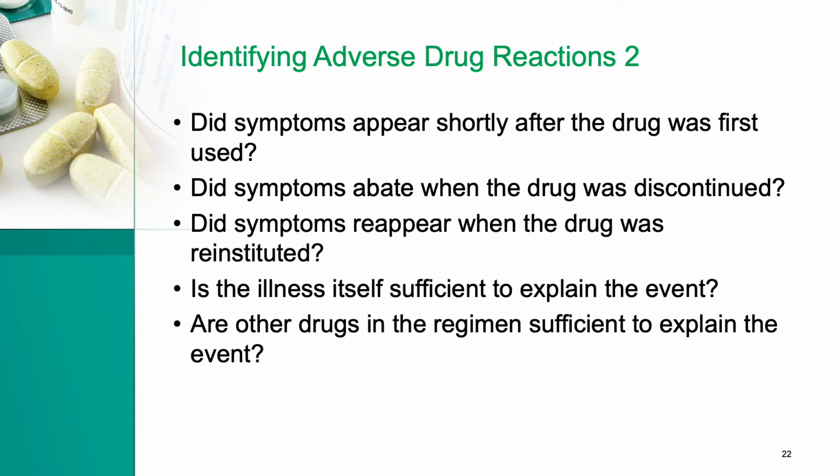The questions can also reveal if the adverse event can be explained by the illness itself or by other drugs the patient is consuming. If the adverse effect can be explained by the illness or other drugs, then it is likely not due to an adverse drug reaction.